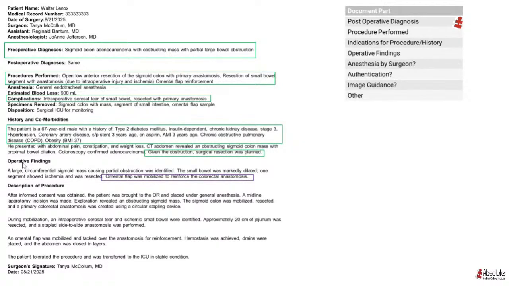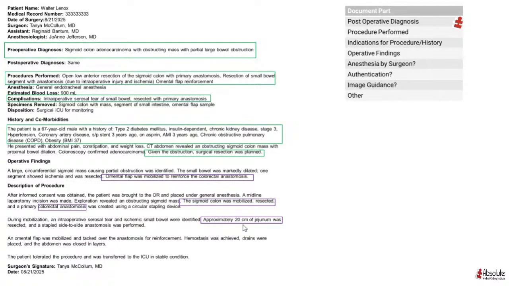Now, the operative findings. Here are my notables. The omental flap was mobilized to reinforce the colorectal anastomosis. The sigmoid colon was mobilized and resected, and the colorectal anastomosis took place.